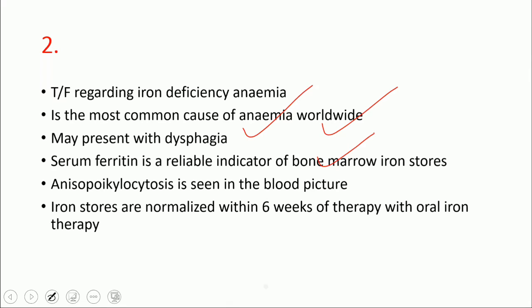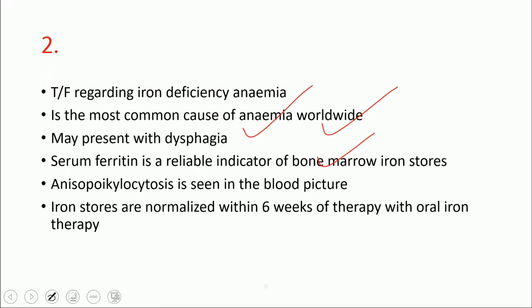If you think about this MCQ exactly, the best indicator of bone marrow iron stores is actually the bone marrow iron stain. So you do the bone marrow aspiration and do an iron stain, or it's called a Perls stain. That is the gold standard measurement of bone marrow iron. And I just see it's a reliable indicator. I can take this as correct, right?